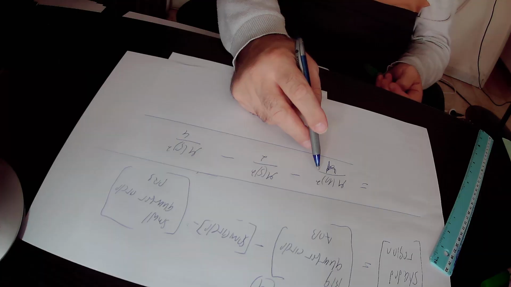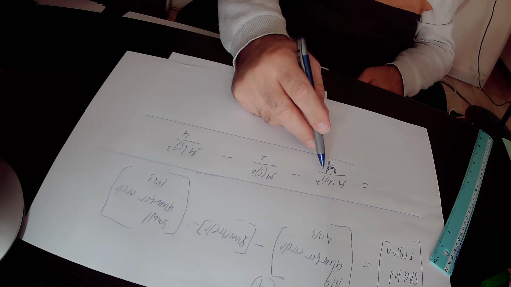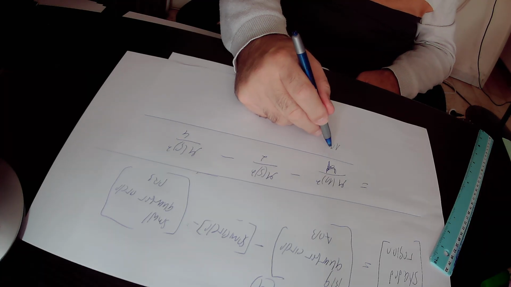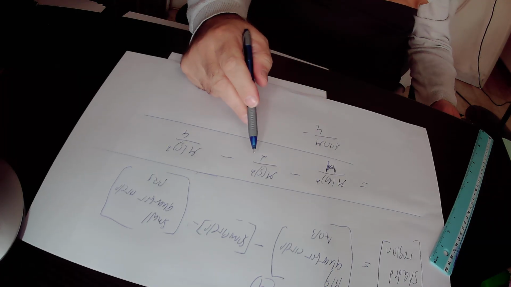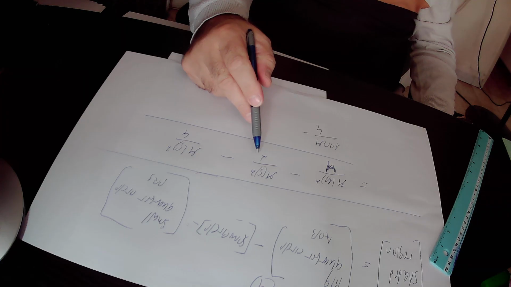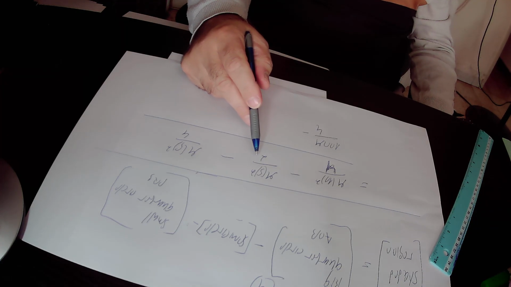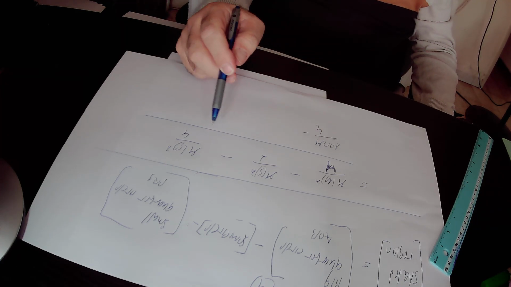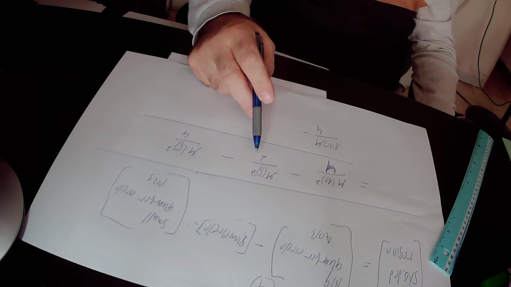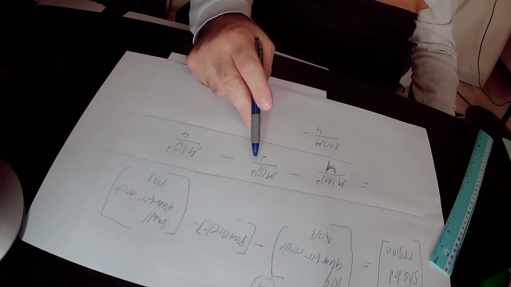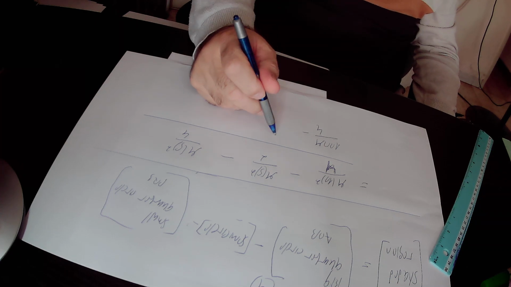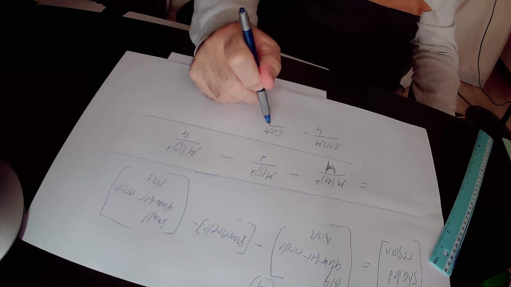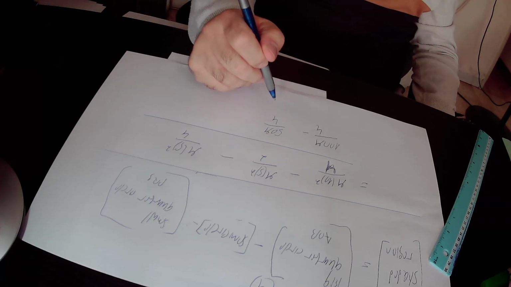Ten squared is 100, so in the numerator of this expression we have 100 pi over 4, minus 25 pi over 2. In order to have a common denominator with the other two expressions, we multiply both the numerator and the denominator of this expression by 2. So 25 pi times 2 is 50 pi over 2 times 2 is 4.